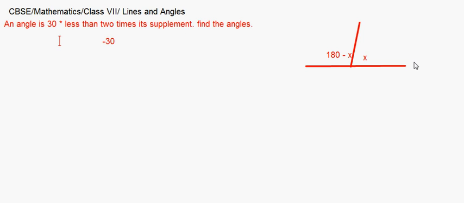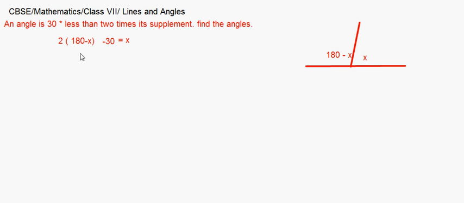The supplement we have found out to be 180 minus x. This is equal to the given angle which we had taken as x. This angle is 30 less, so I have subtracted 30 from twice the supplementary angle.